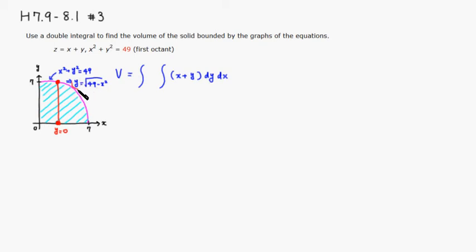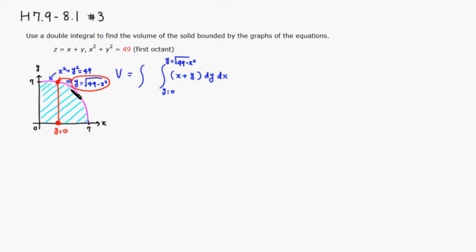So y equals square root of 49 minus x squared would be where it ends, right? So the lower limit is y equals 0, and the upper limit is y equals square root of 49 minus x squared, right?